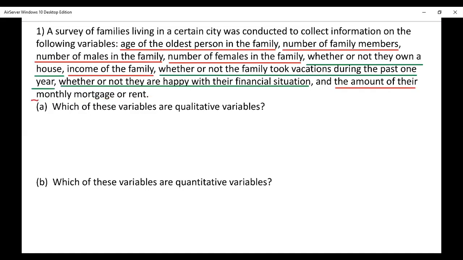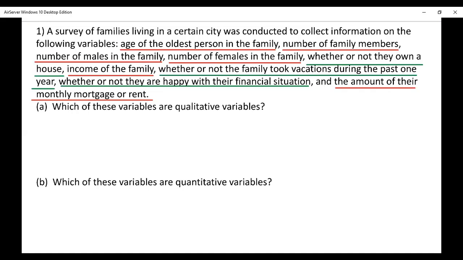So the idea is to separate them in 2 categories first: qualitative variables and quantitative variables. So we said that the qualitative variables are about labels, categories, opinions.